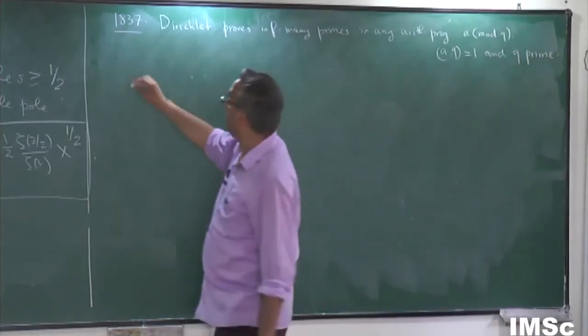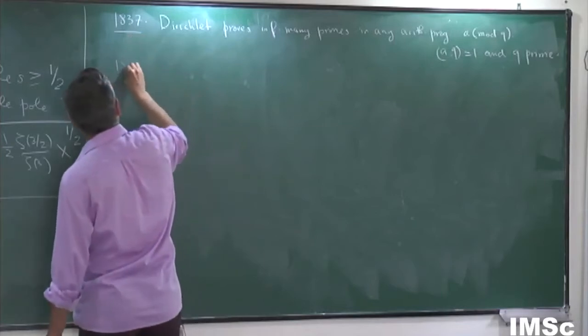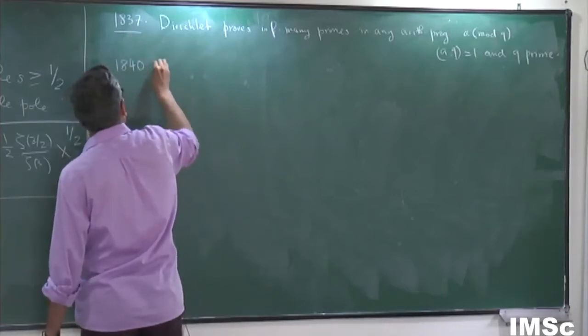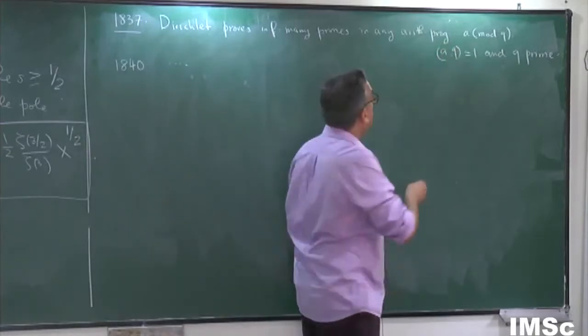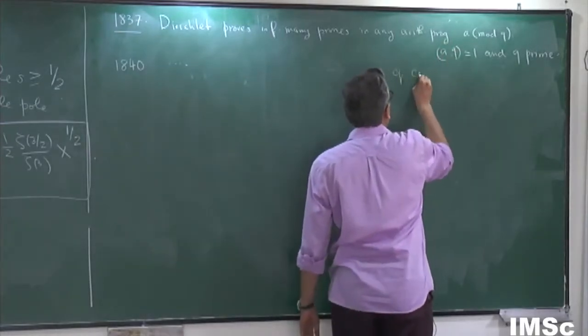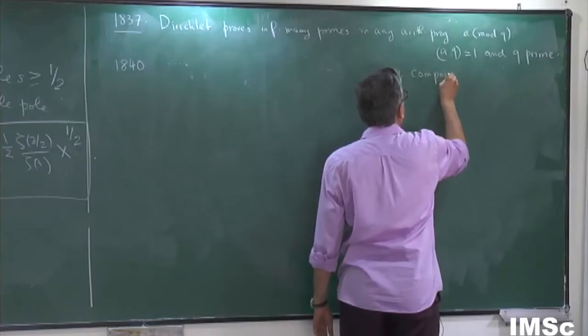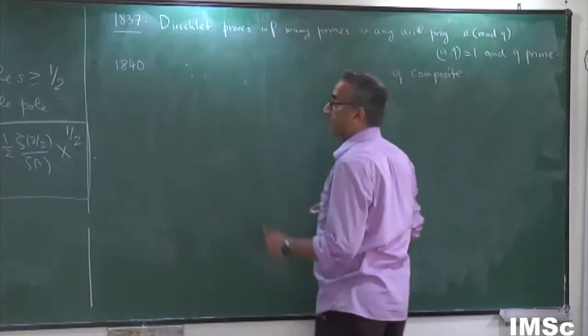And I think he has to work a little hard, and finally in 1840 he gets the whole thing with Q composite. It has to do with Gauss sums, Q composite. Okay.